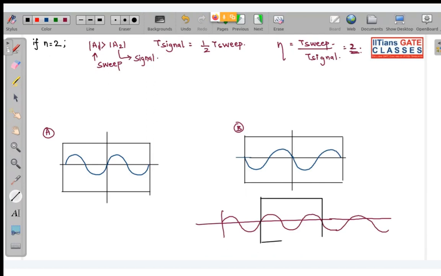Whether it is capturing like this, which is your option A, or is it capturing like this?